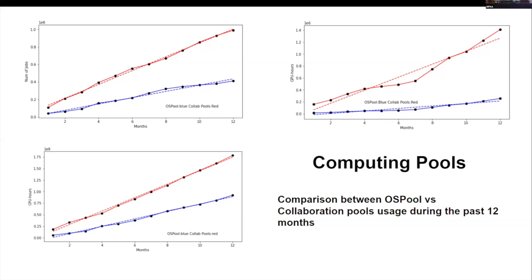It's the LIGO and the IceCube guys. For LIGO and IceCube, when you stack them together, you see a little break happening about 7 months ago. The exact reason behind this is not understood at this point. We will be digging into that to see what accelerated the usage of GPU resources.